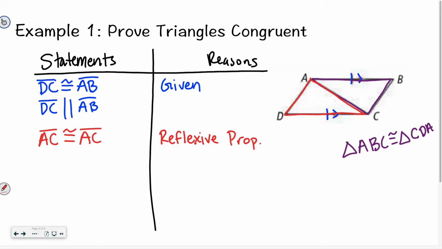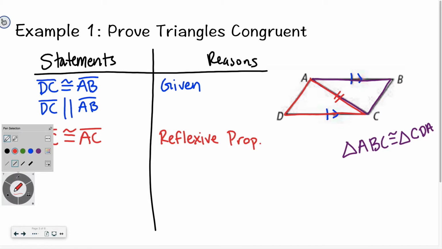That's whenever you have something that is congruent to itself. So we have a second side. So we have two sides that are congruent. Now we either need to be able to prove that the third side's congruent, or we have to prove that we have a congruent angle. If I want to prove that we have a congruent angle, things get just a little bit trickier.